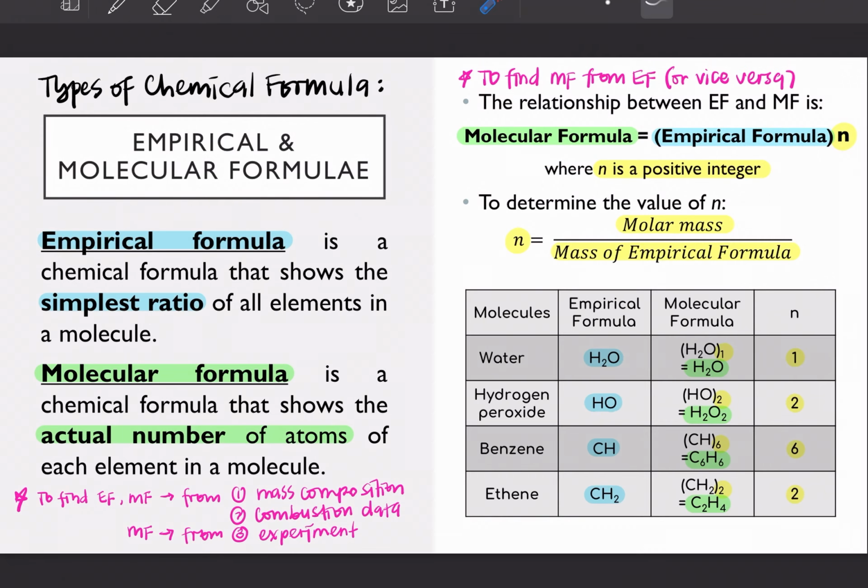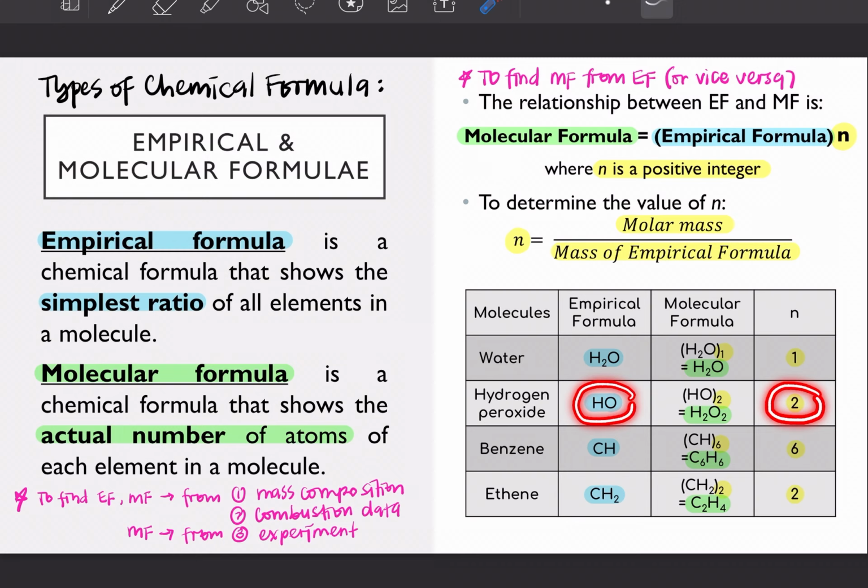Let's look at this example down here for different molecules. Let's say you have hydrogen peroxide as your molecule. You didn't know that it was hydrogen peroxide, but you found the empirical formula and your positive integer n, which is 2.